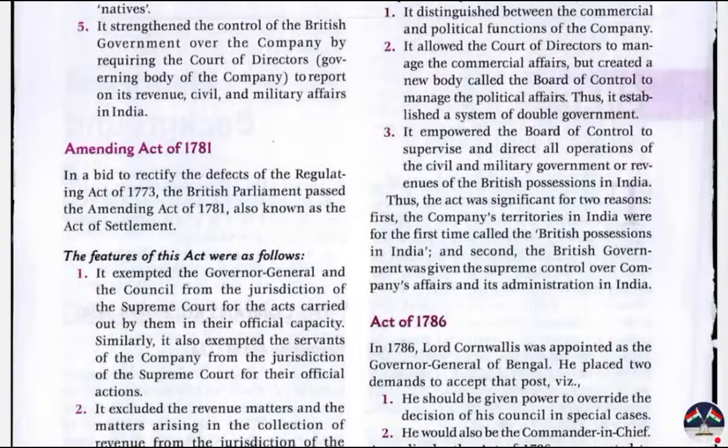Look, for the commercial affairs, this existing body is called the Court of Directors, but it created a new body called the Board of Control to manage the political affairs. Thus it established a system of double government.